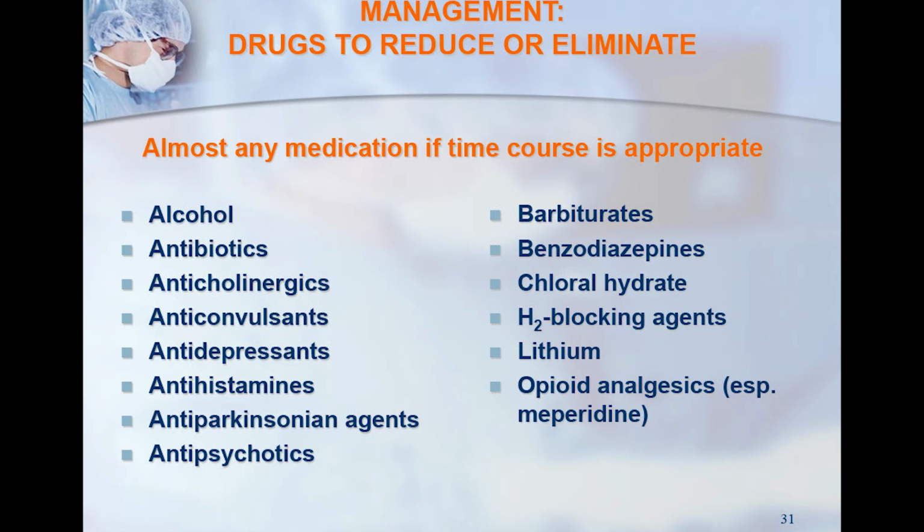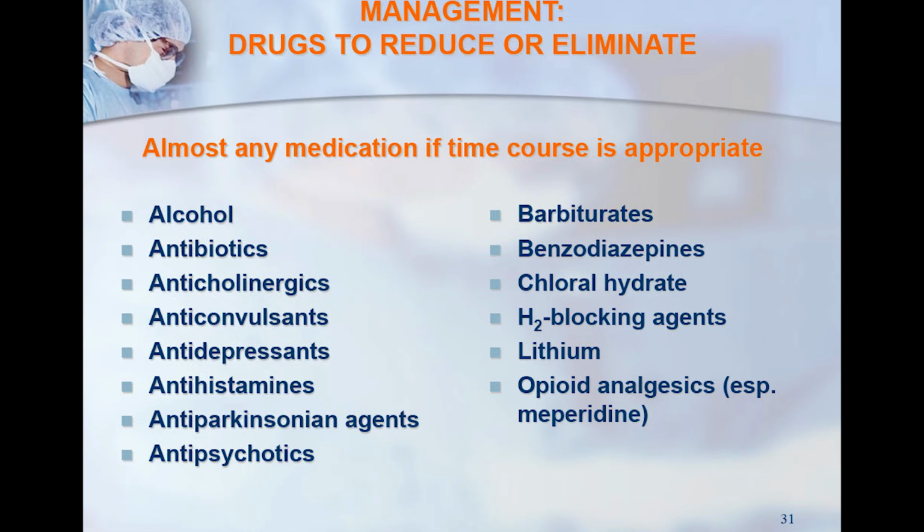Drugs that can cause delirium include alcohol, some antibiotics, anticholinergics, anticonvulsants, antidepressants, antihistamines, and Parkinson's disease medications. For a patient with Parkinson's on the treatment who develops delirium, you may want to cut down the dosage because the treatment itself is a risk for delirium.